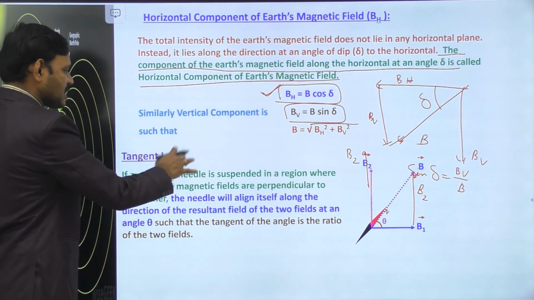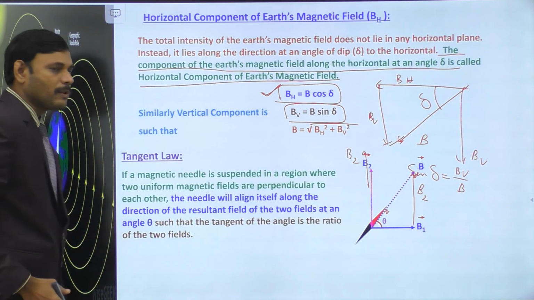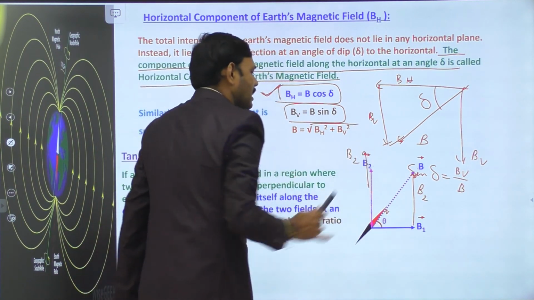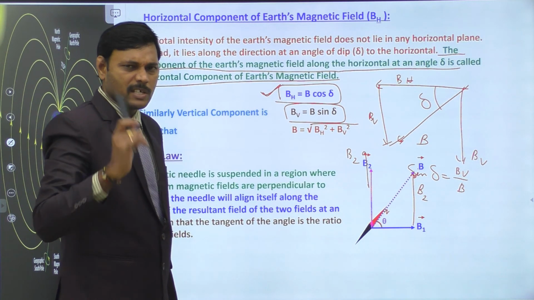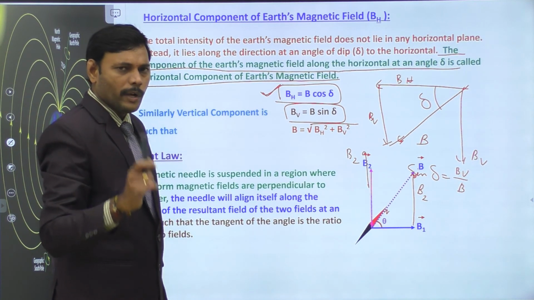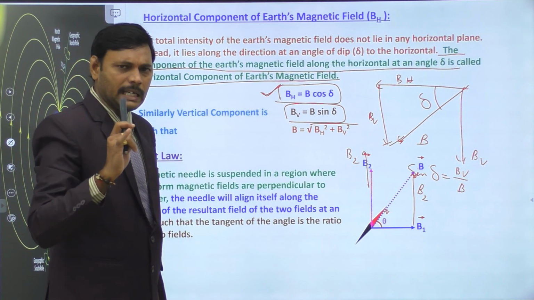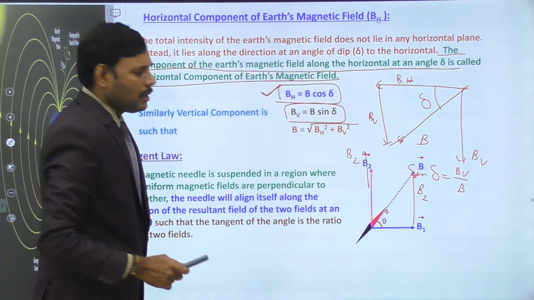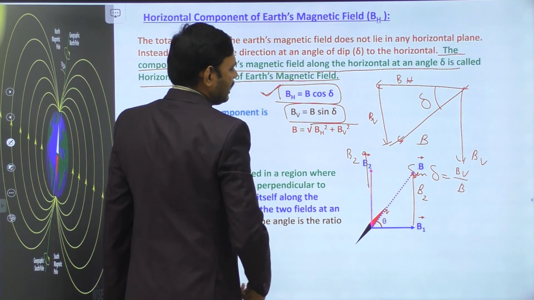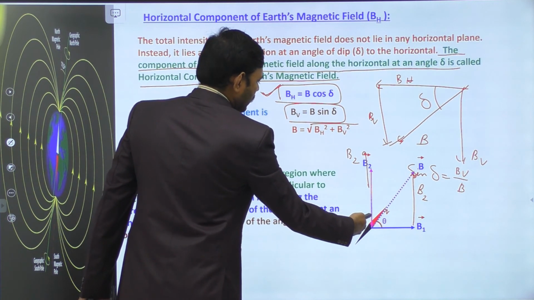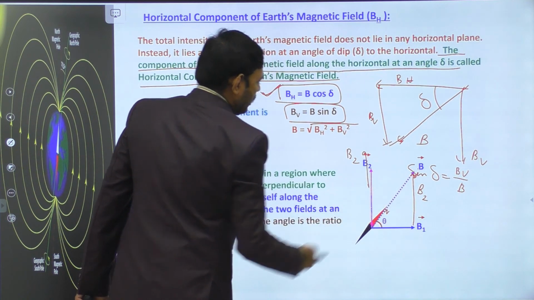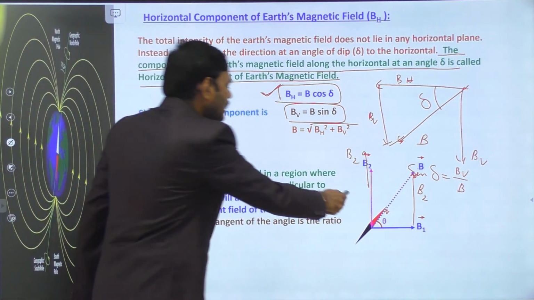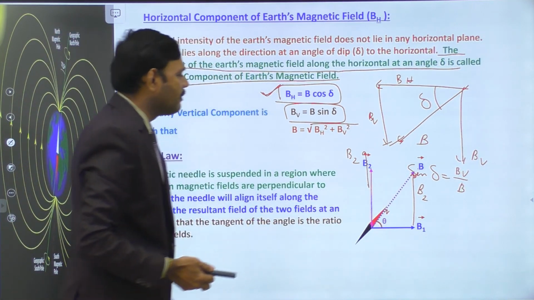If a magnetic needle is suspended in a region where two uniform magnetic fields are perpendicular, B1 is one magnetic field and B2 is another magnetic field. These two must be exactly perpendicular to each other. If you suspend or pivot a magnetic needle in this region, then the needle comes to equilibrium by making an angle theta with the magnetic field B1.